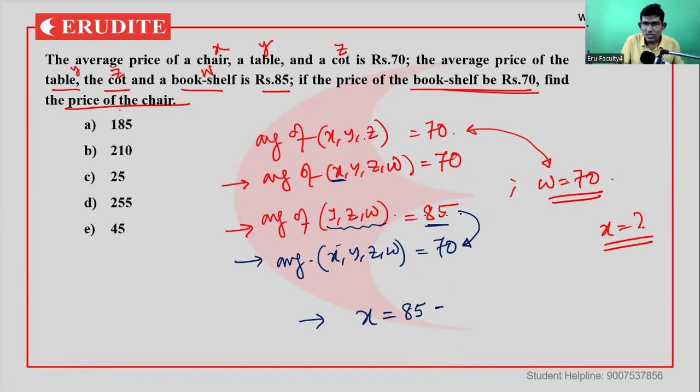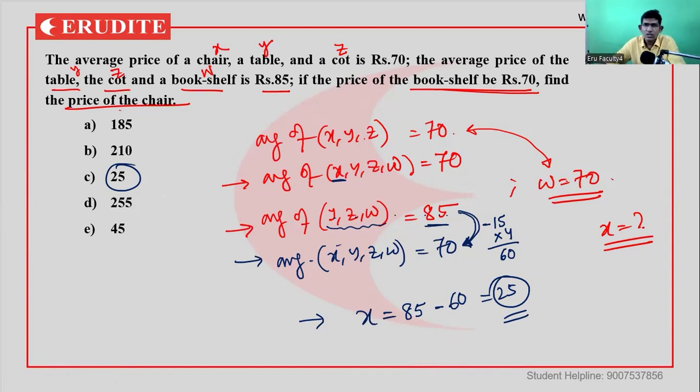So how much has decreased? From 85, the average has decreased by 15. So 4 people's average has decreased by 15. That means the total has decreased by 60. That means X is bringing in 60 less than 85, which means X is bringing in only 25. So that's my value of X.